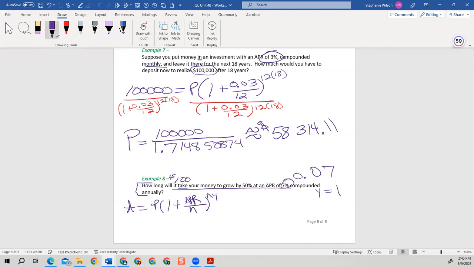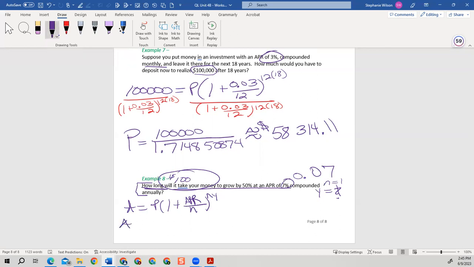Again, let's just say that's the part that's missing. And I want to know how long it'll take me to do that. It says compounded annually, so N is 1 and we're solving for Y. Okay, we're not really solving for Y, but we are. I'll show you what I'm talking about. But I do apologize, we were missing the deposit amount.